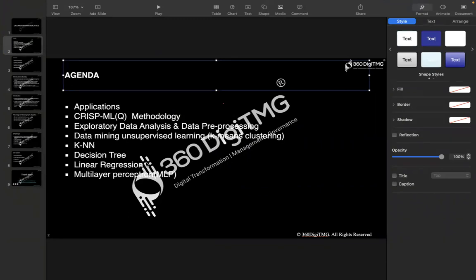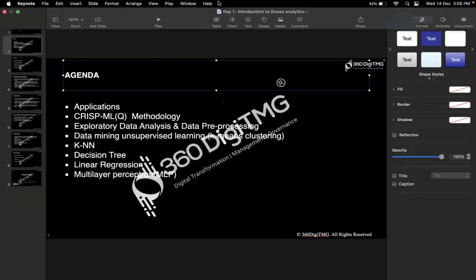We will be discussing the applications: what are the applications of oceanography analytics? Then we will discuss the ML methodology. What will be needed? How will it work? Then we'll discuss exploratory data analysis, EDA, and data preprocessing.